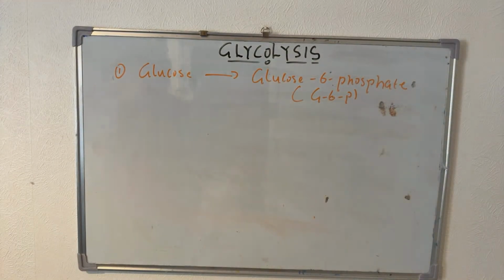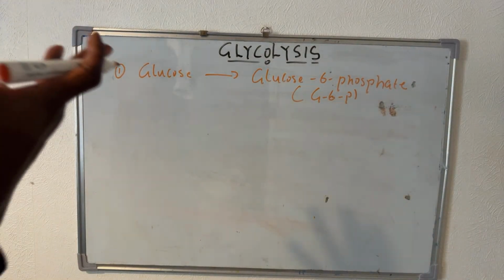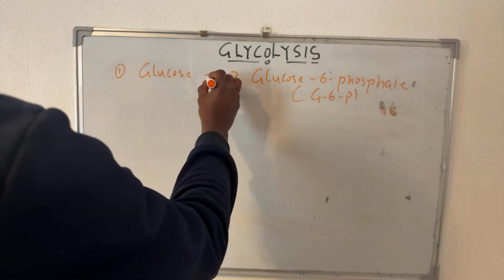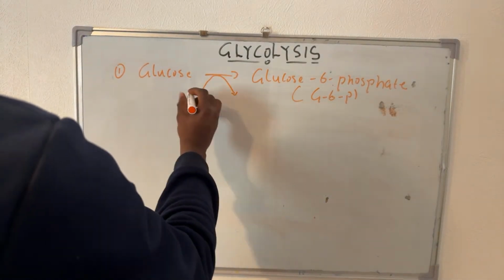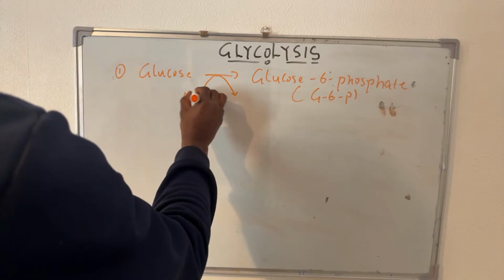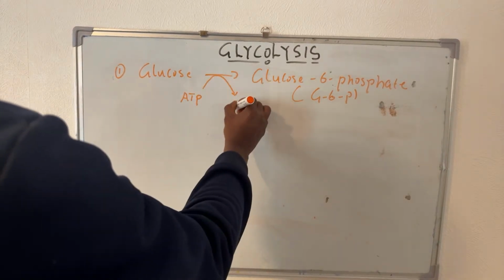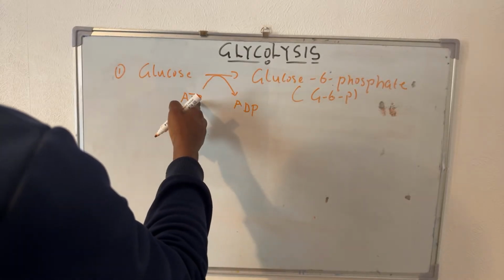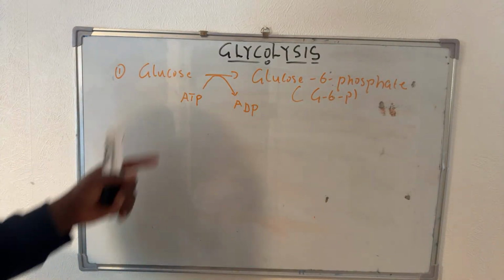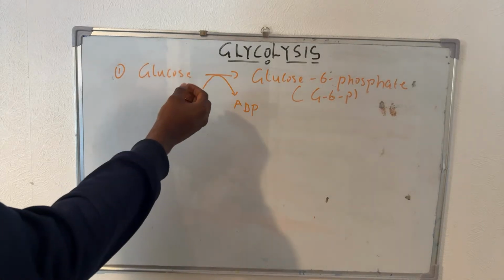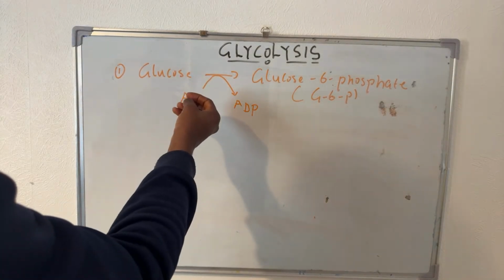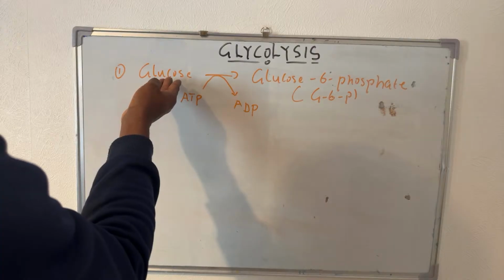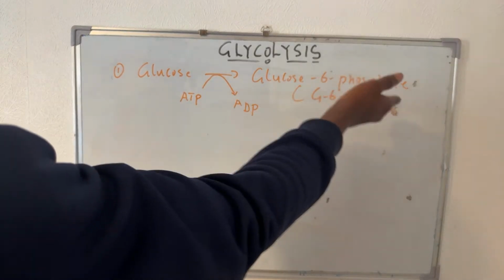This is the first energy investment stage, and we write it like this: ATP is invested to yield ADP, which means that a phosphate group has been attached to the glucose to form glucose 6-phosphate.